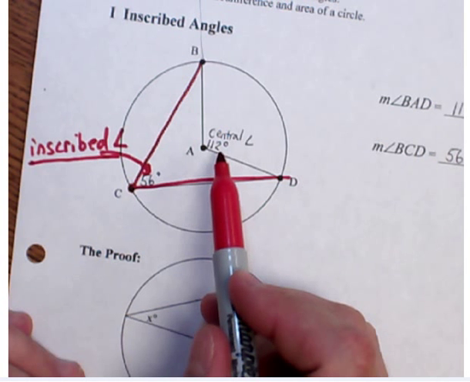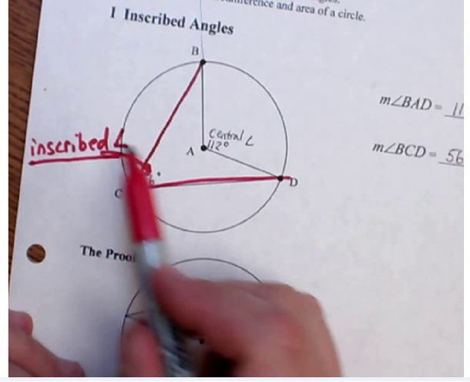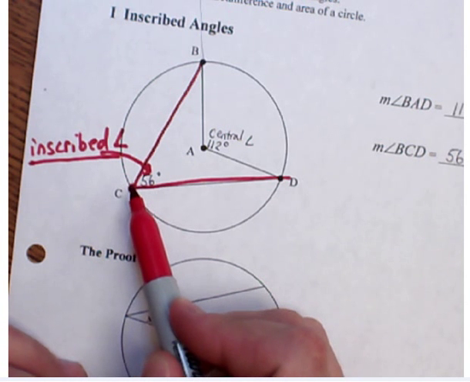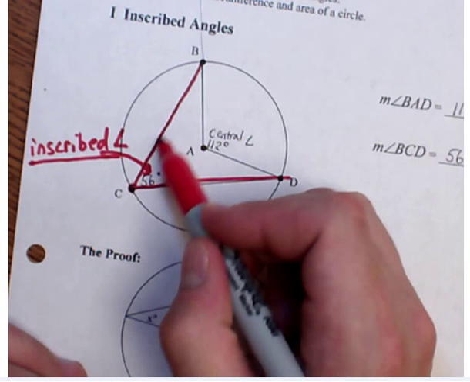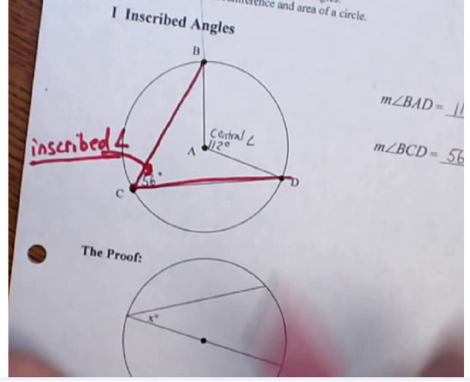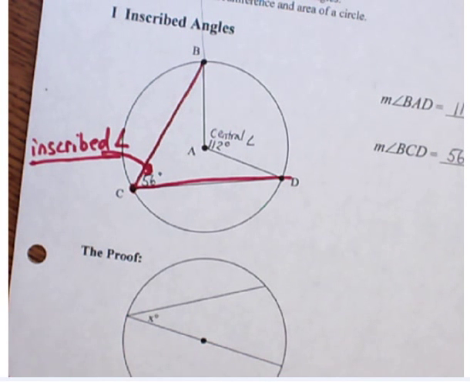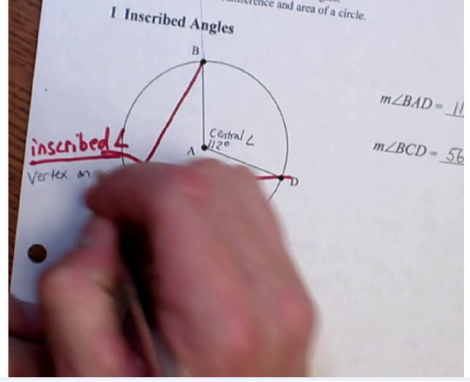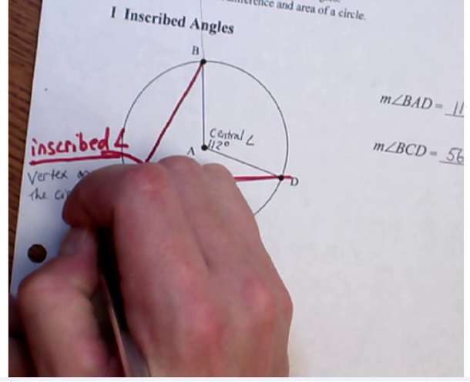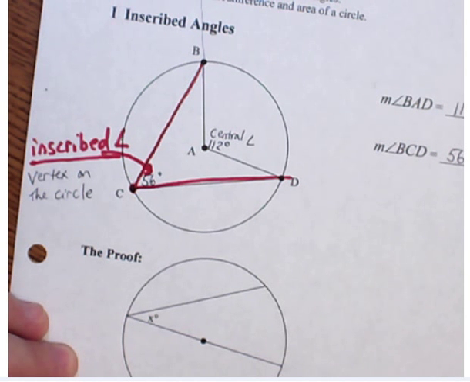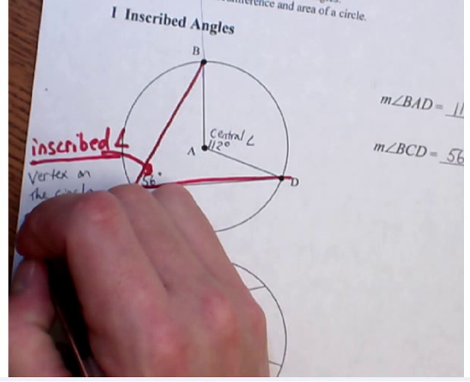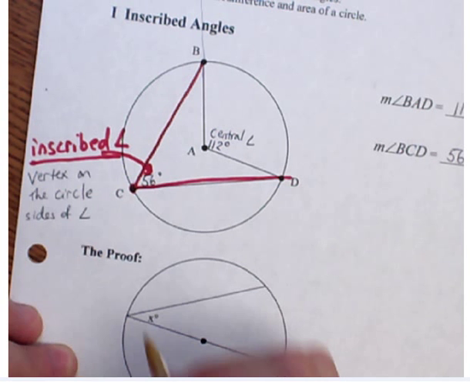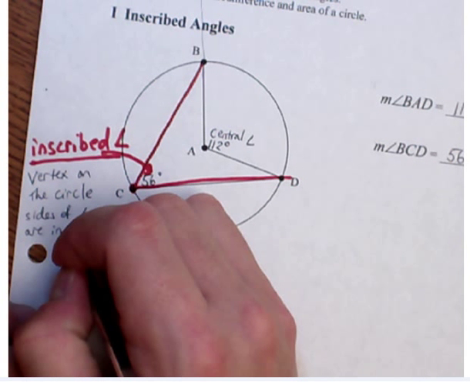So we had a central angle, which is at the center. For an inscribed angle, the vertex is on the circle, and both sides of the angle are inside. The official definition is that the vertex is on the circle, and the sides of the angle are inside the circle.